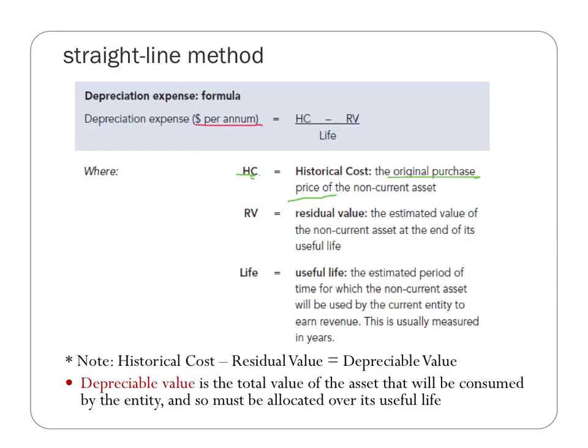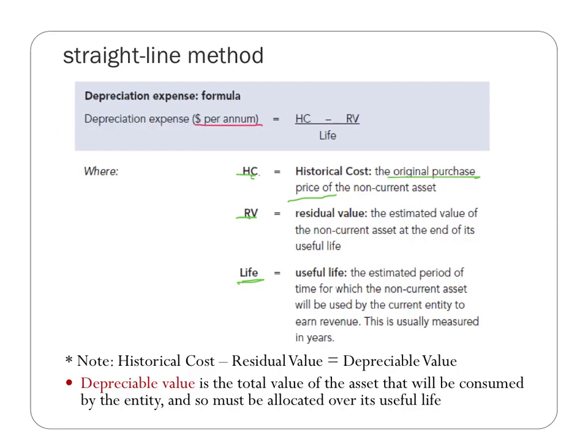Residual value. What is residual value? Well, residual value is an estimate. It's the estimated value of the non-current asset at the end of its useful life. That's basically how much the asset is worth at the end of its useful life. And useful life is the estimated period of time for which the non-current asset will be used by the current entity to earn revenue.